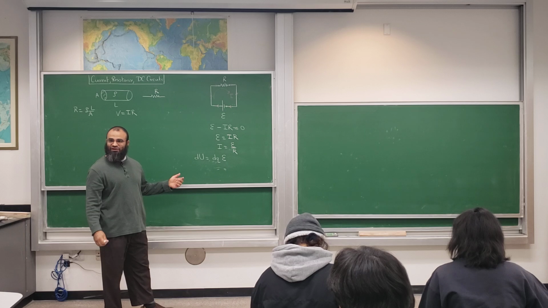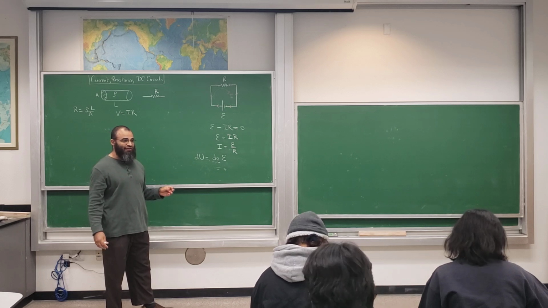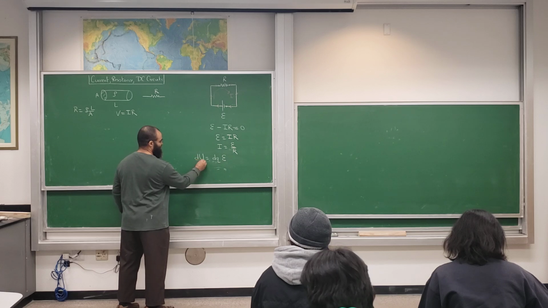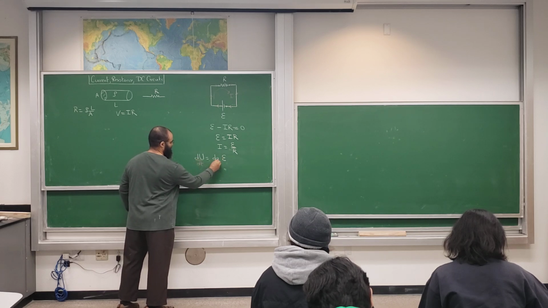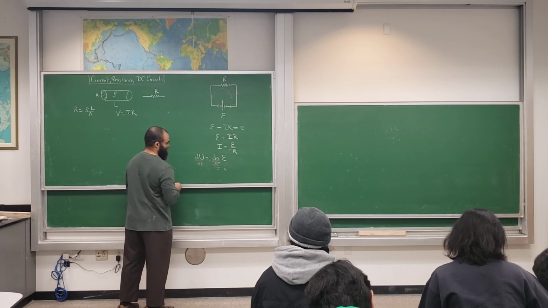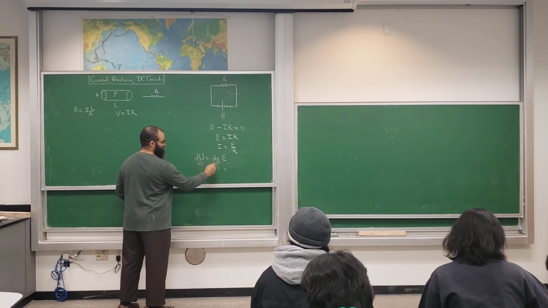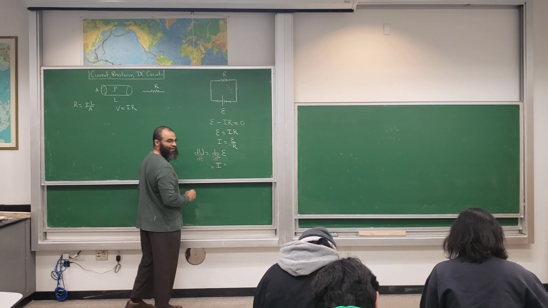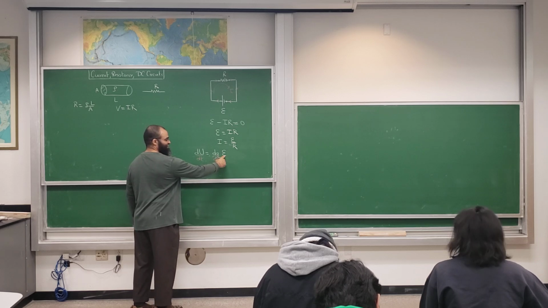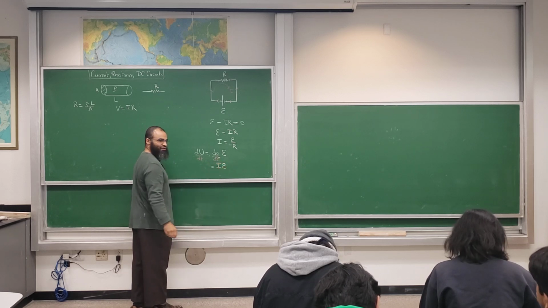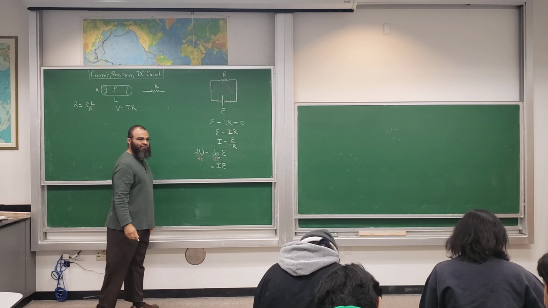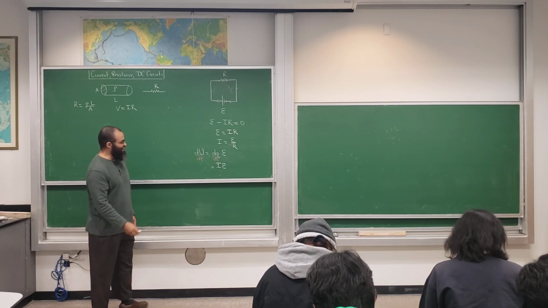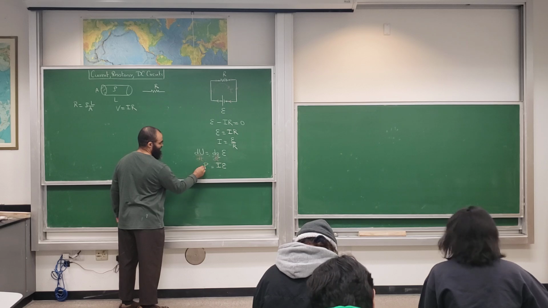You remember that U is QV, right? So what if I divide both sides by dt? What's dq/dt? I, just I. And then this one, the voltage. What's dU/dt? Power. Energy per unit of time. Yes, it is power, capital P.